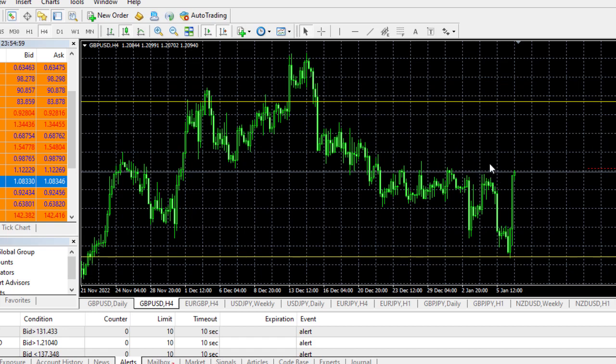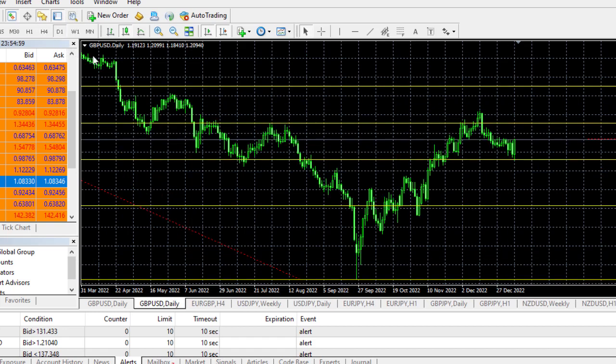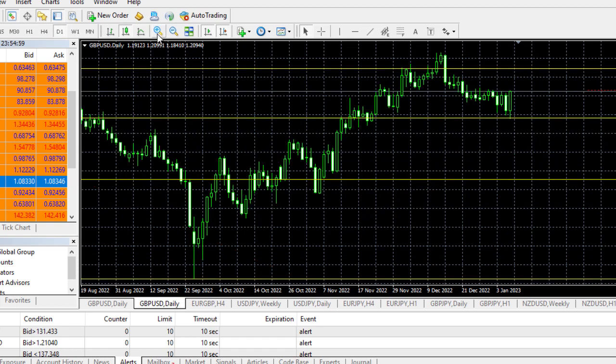So there's a good chance that on 4 hours the structure has already been broken. Nonetheless, even though the structure has been broken on 4 hours, on the daily time frame, that structure hasn't effectively been broken.